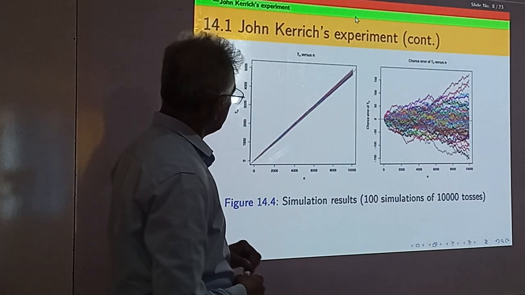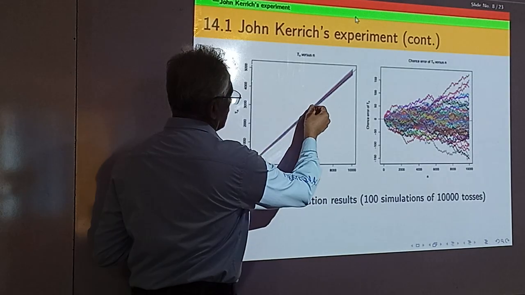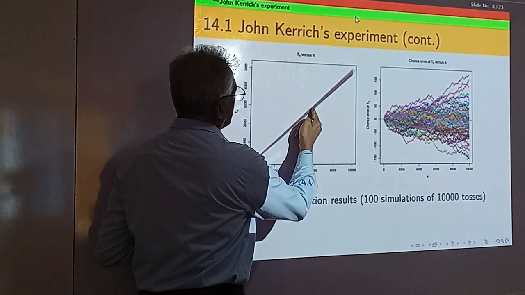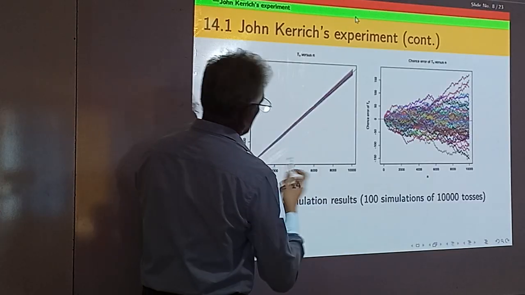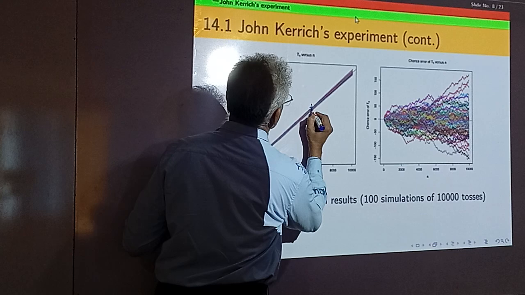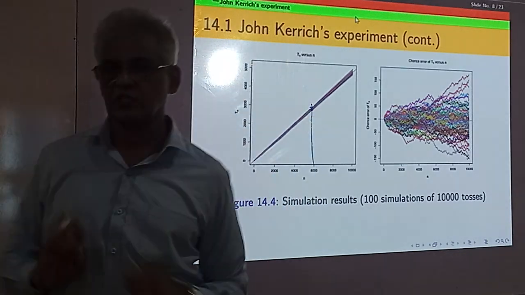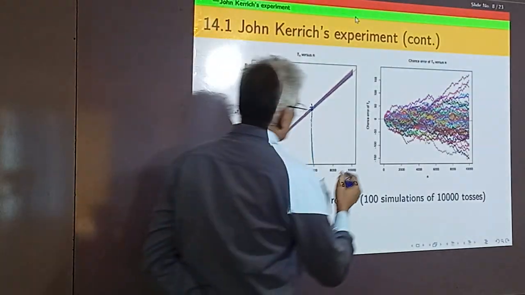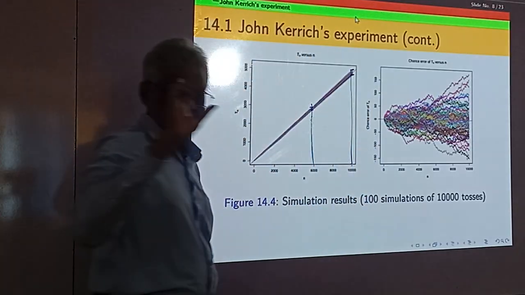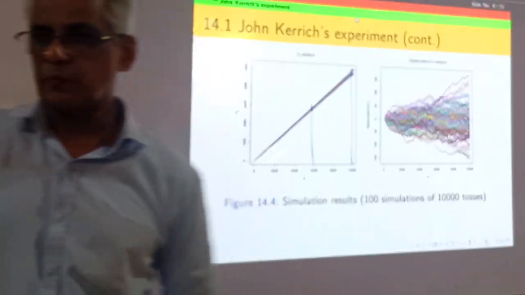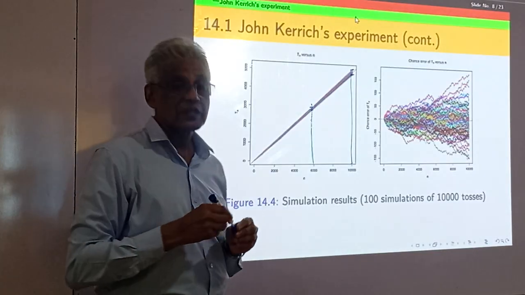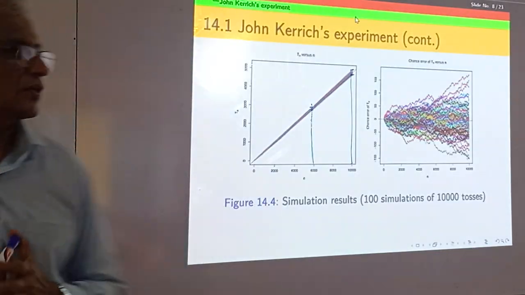But what you can see here is the dispersion. For example, when n is equal to 1,000, Tn was between these two lines. So Tn was in this interval. When n was 10,000, Tn was in this interval. So you can see that the possible values of Tn, or the range of Tn, is increasing with n.